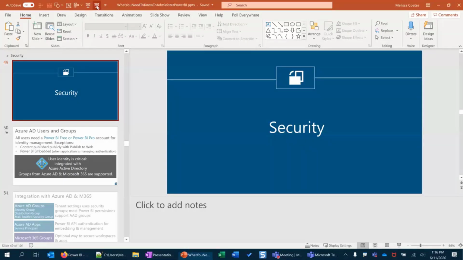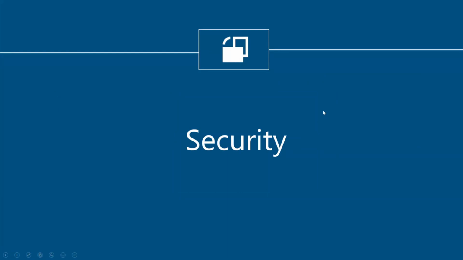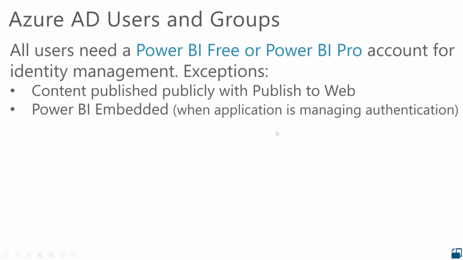Okay, so that makes us ready for security. First of all, the thing you need to know is that in order to use the Power BI service, everybody needs either a free or a pro account with two exceptions.